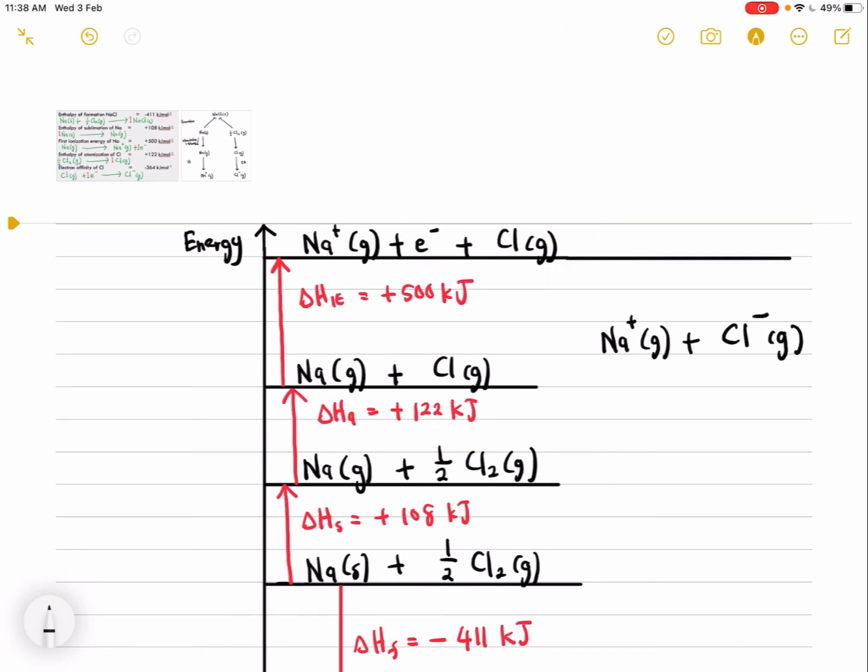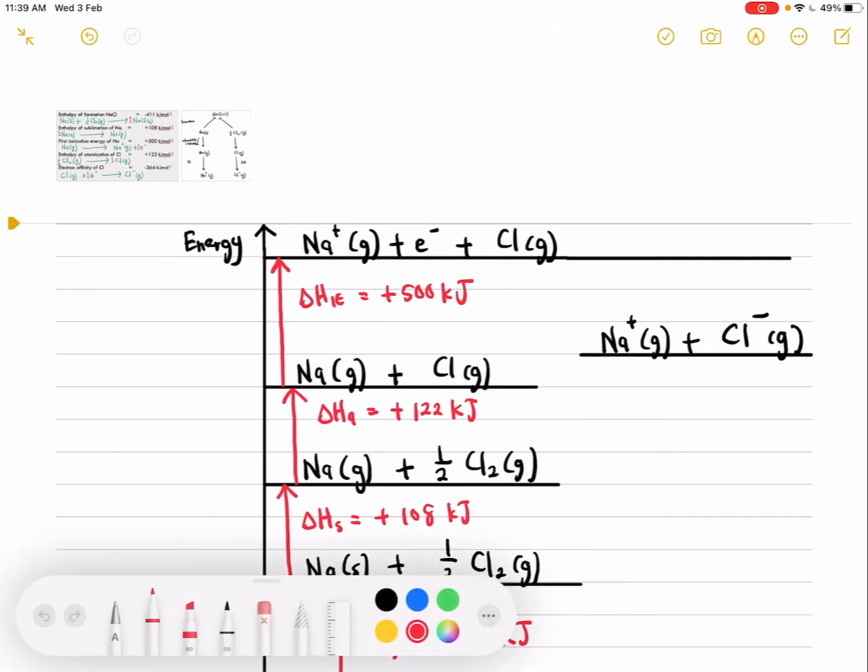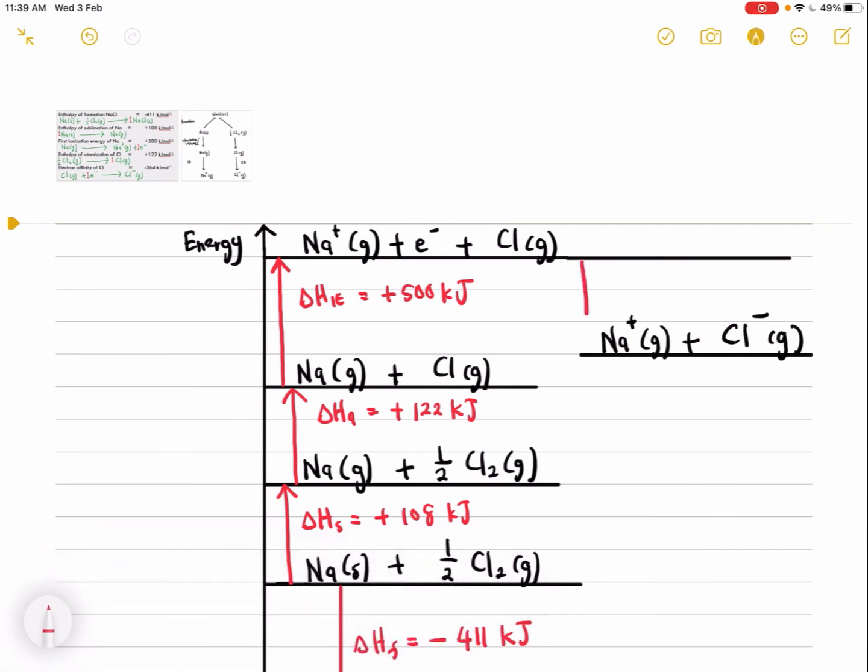So there will be no electron existing in this level anymore after you have done the electron affinity. The value of the electron affinity is negative, so we will have the arrow pointing downwards, negative 364 kilojoules.